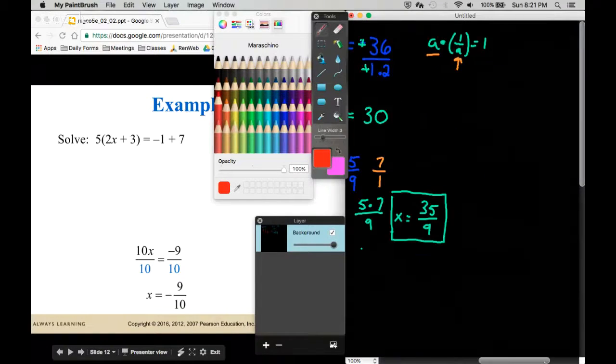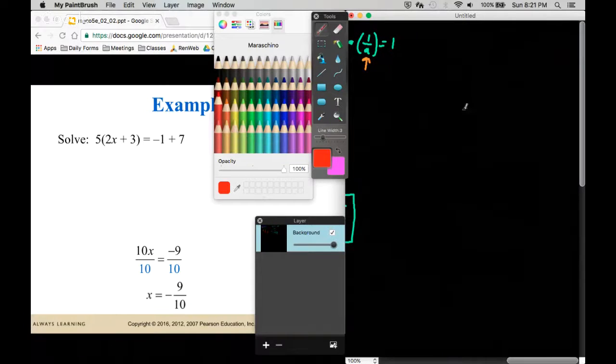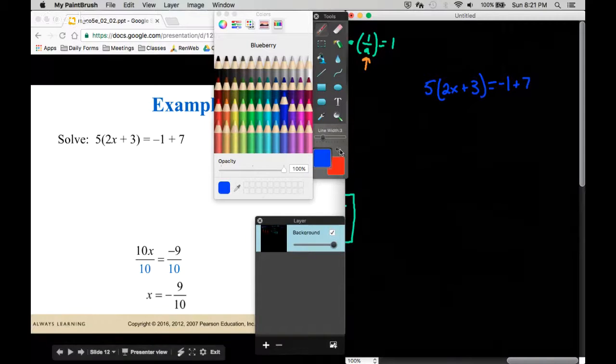And with this one, you're going to want to start off by distributing. So you have 5 times 2x plus 3 equals negative 1 plus 7. All right.